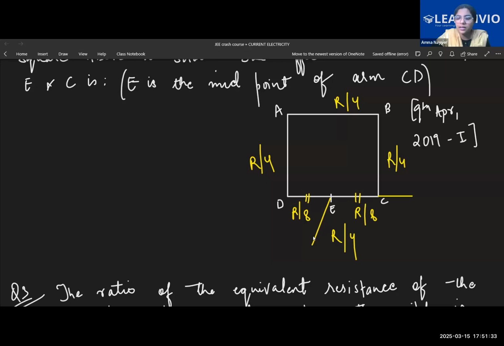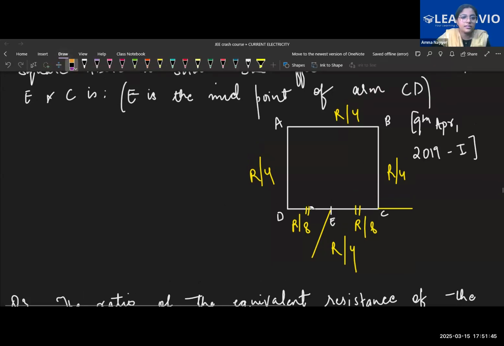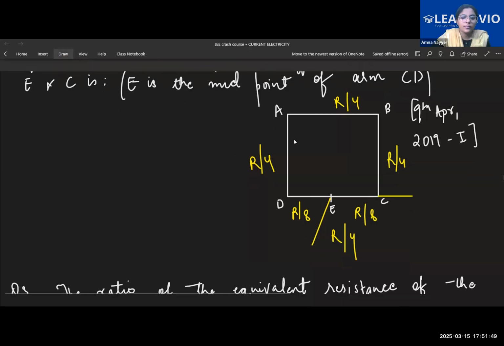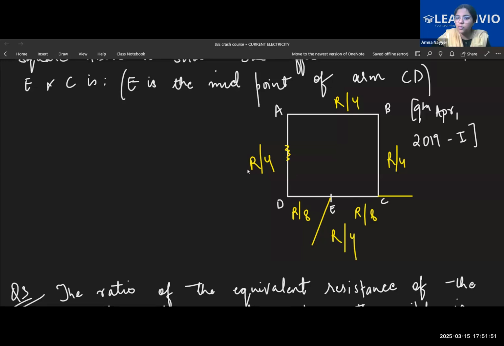See, this is one single wire till here, and this is the second wire. Take them as resistors. This is a resistor having resistance R by 4, R by 4, R by 4, and this is R by 8.